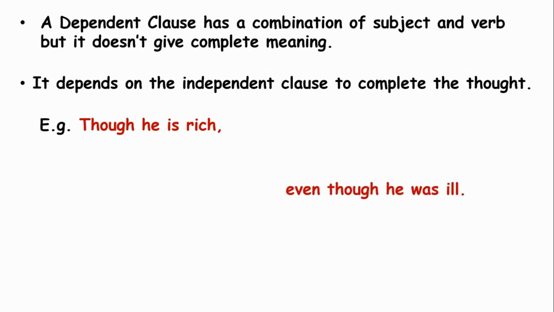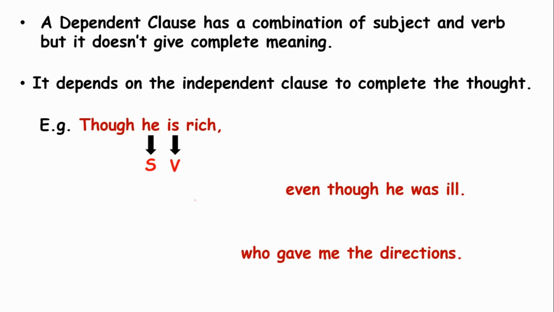Exactly. Even though he was ill. Here also, we don't have complete meaning. Who gave me the directions? This also has no complete meaning. These are all dependent clauses. In what way do they depend on the independent clause? Let us see. Though he is rich: here we have subject he, verb is.